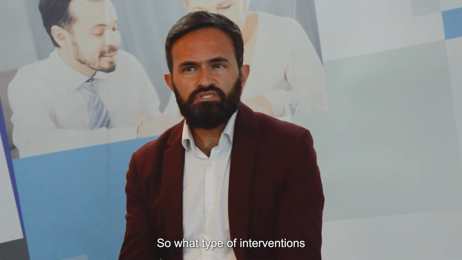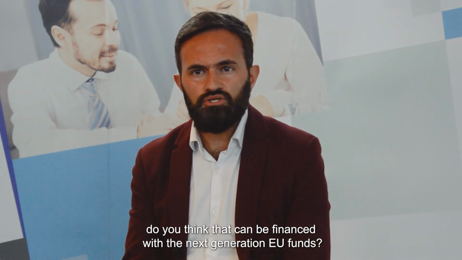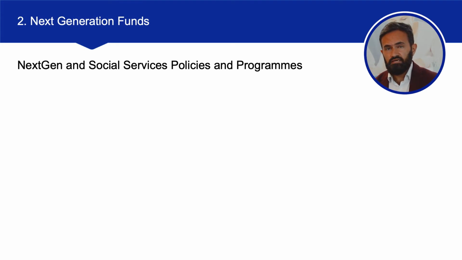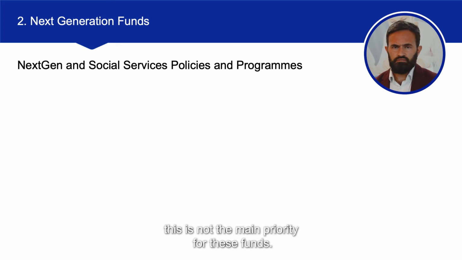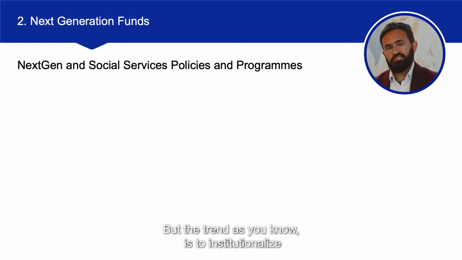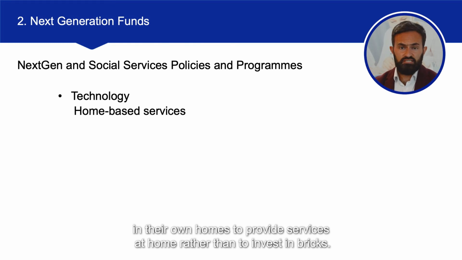So what type of interventions do you think can be financed with the next generation EU funds? Well, if you thought of building daycare centers or care facilities, this is not the main priority for these funds. They could be used for such purpose if there was a justified need, but the trend, as you know, is to deinstitutionalize, to finance technology so that people can stay in their own homes, to provide services at home rather than to invest in bricks.